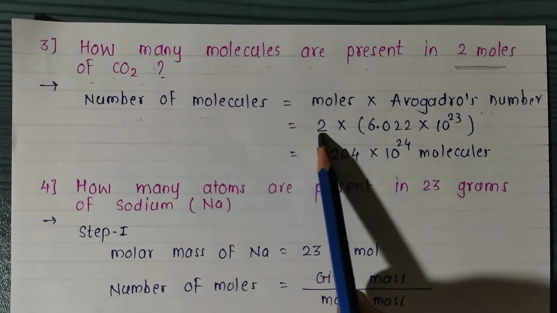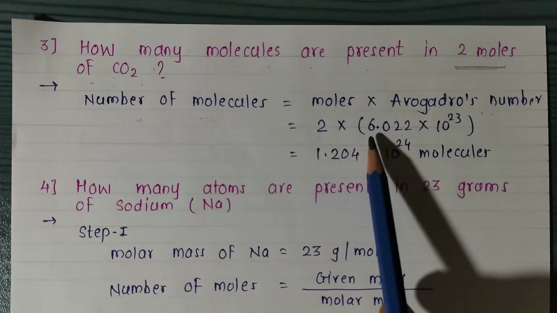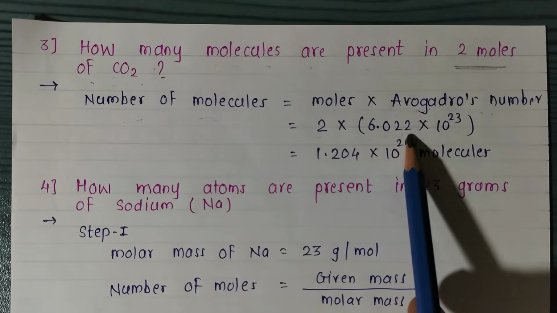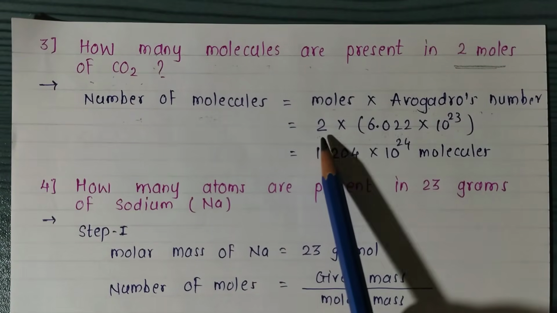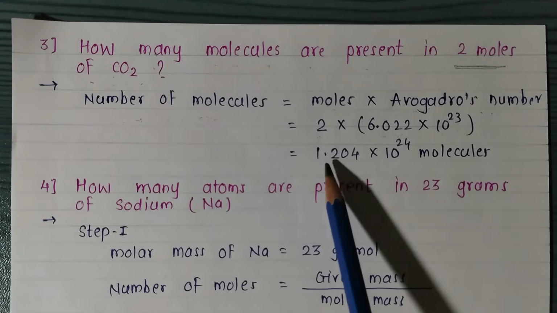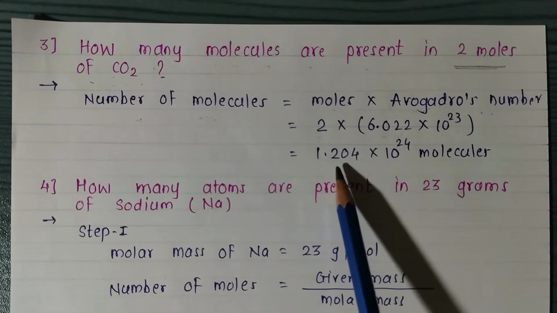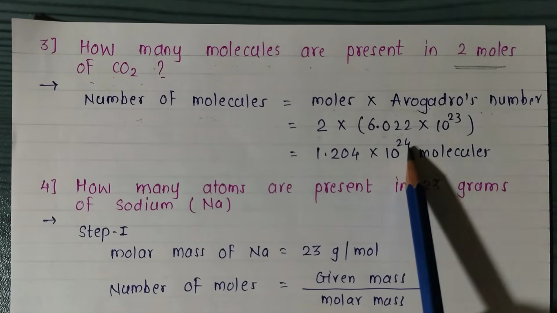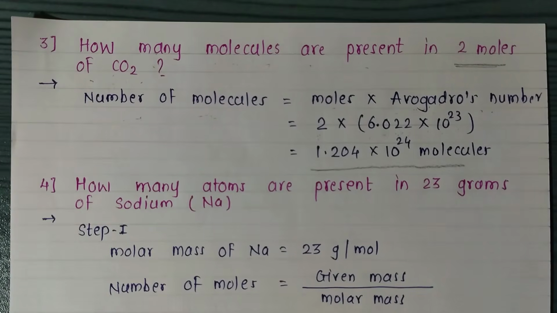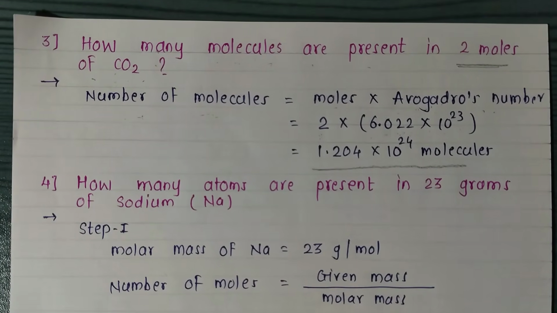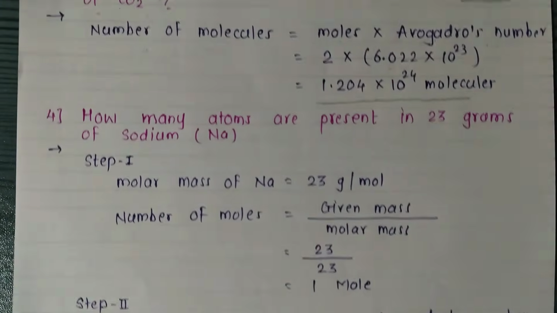So the number of moles is 2 and Avogadro's number value is 6.022 into 10^23. When we multiply, we get a value, that is 1.204 into 10^24 molecules. So here we calculated the number of molecules in 2 moles of CO2.